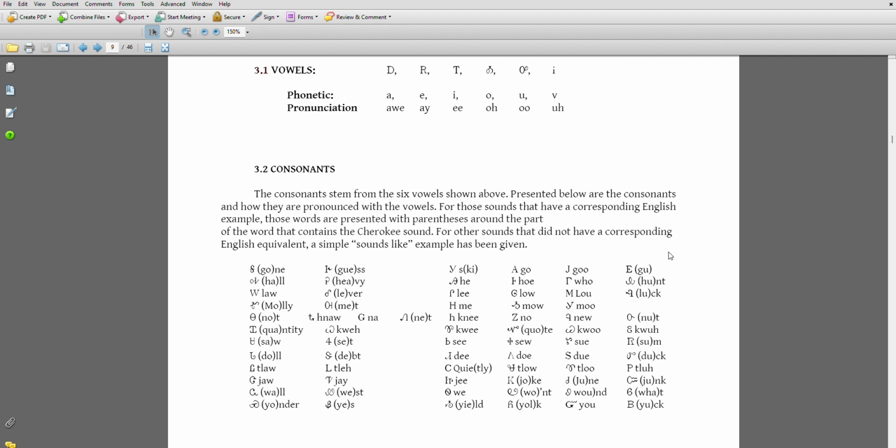Hla. Ja, je, ji, jo, ju, jun. Wa, we, wi, wo, wu, wun. Ya, ye, yi, yo, yu, yun.